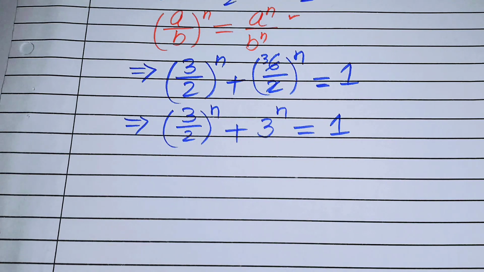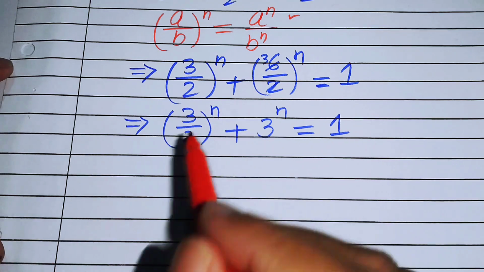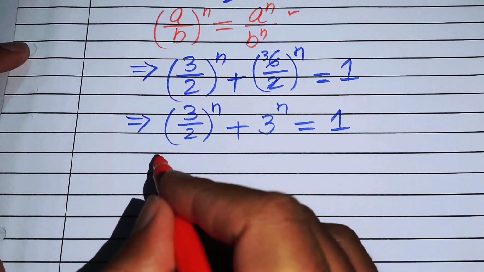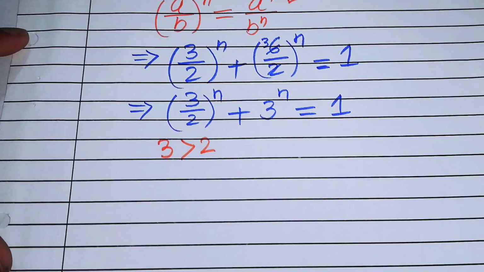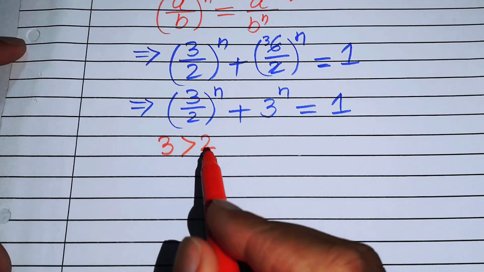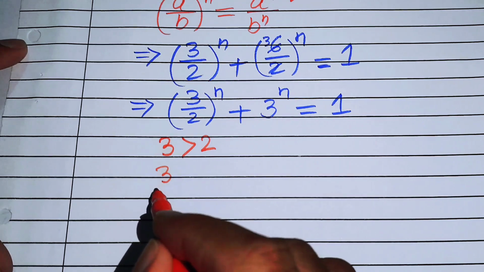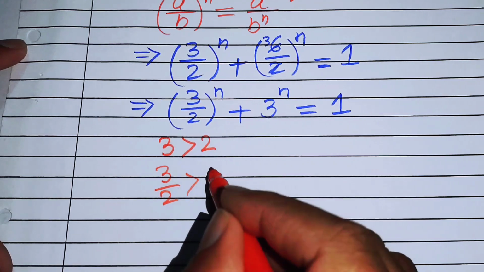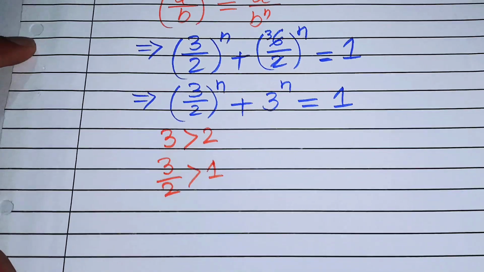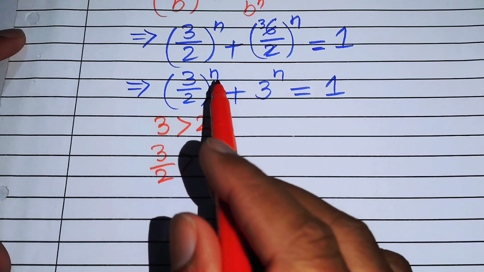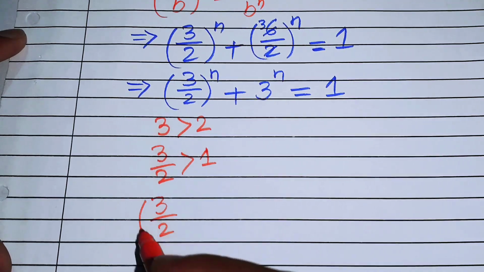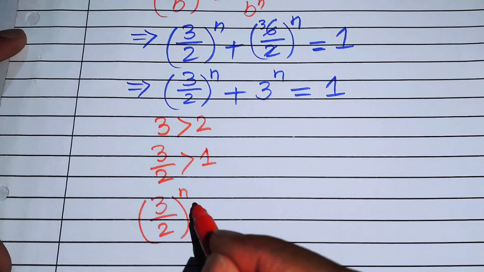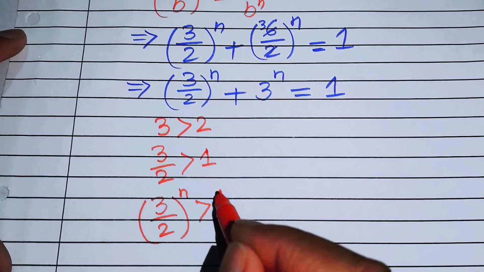Here we have 3 over 2 and its whole power n, and we know that 3 is greater than 2, so 3 over 2 is greater than 1. If we take the power n on both sides, then 3 over 2 and its whole power n is greater than 1.